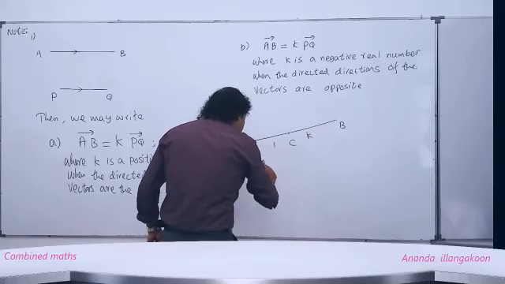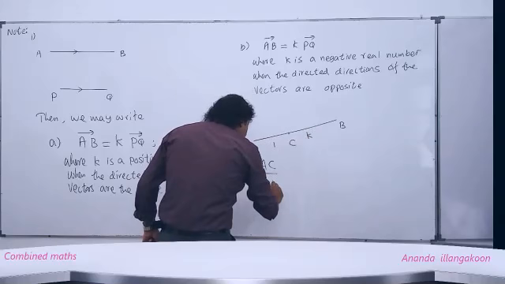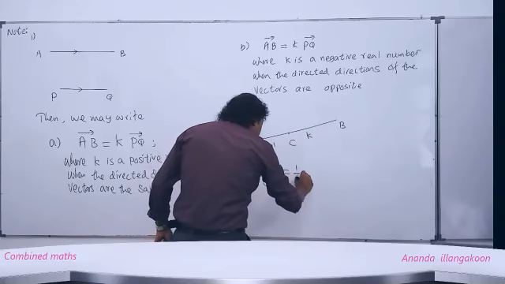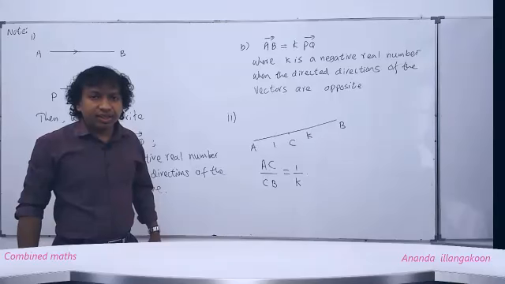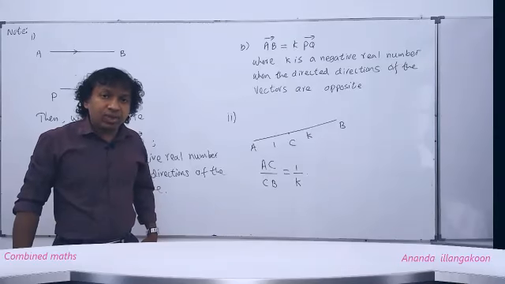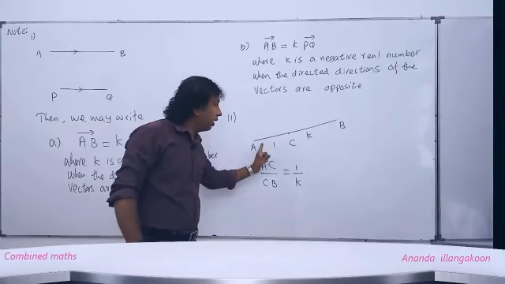AC divided by CB is 1/k. Now my question is to establish a relation between AC vector and AB vector.